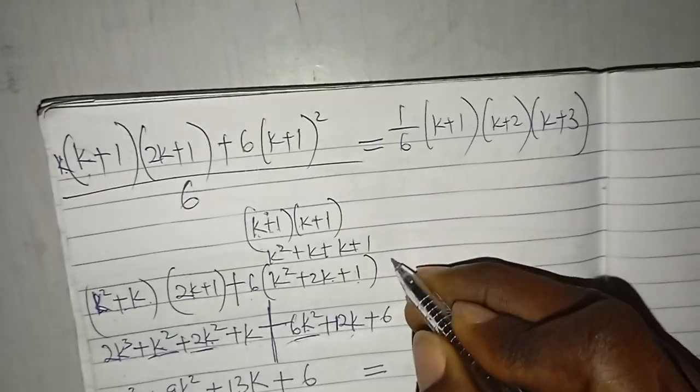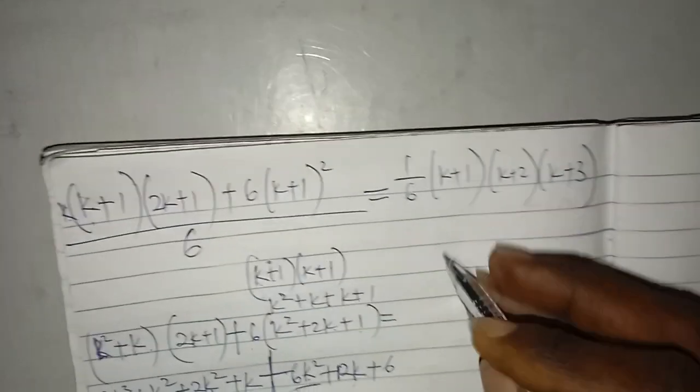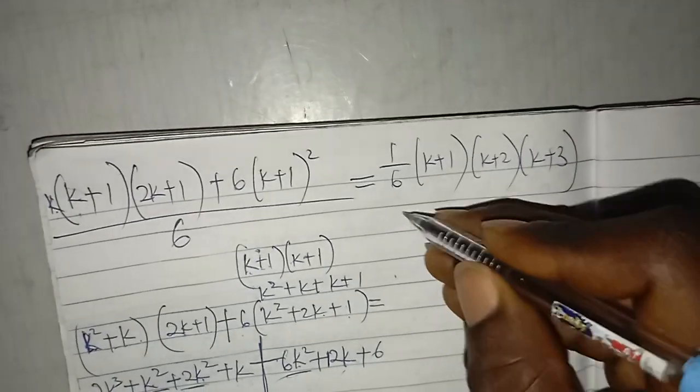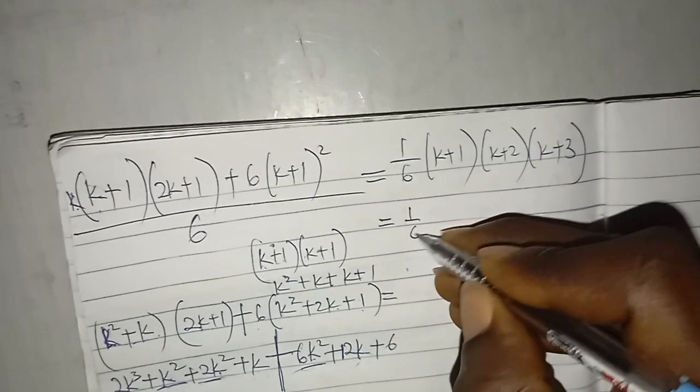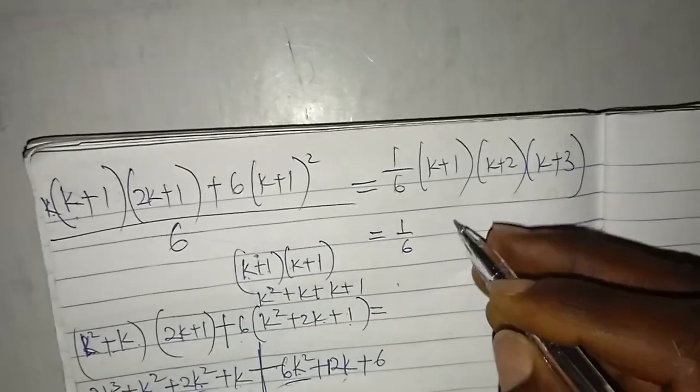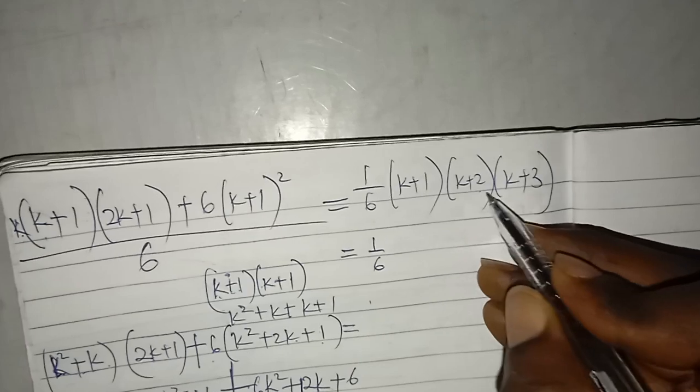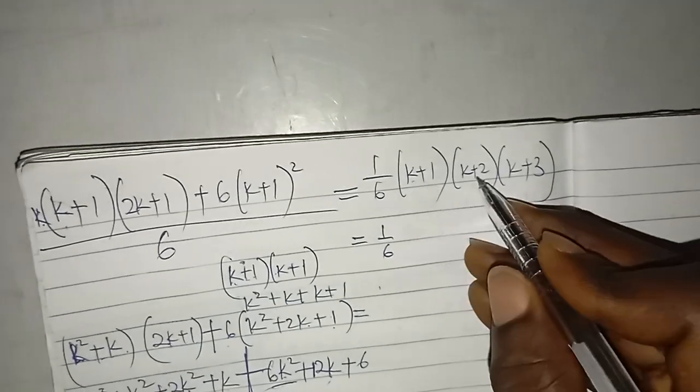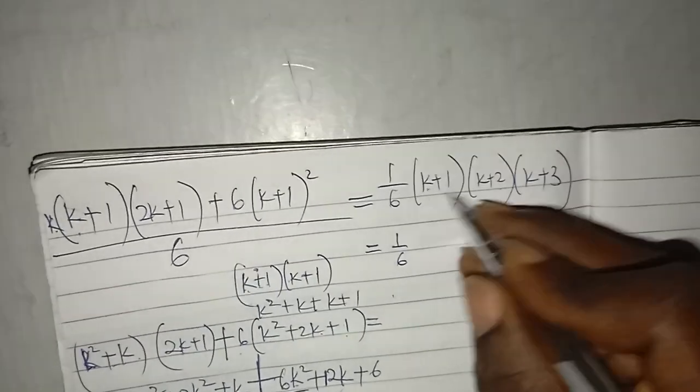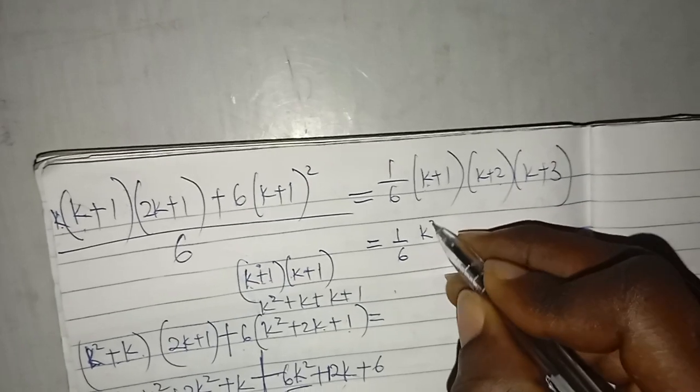Let's check our right hand side to see if it's true. So our right hand side, we have 1 over 6 into k plus 1, into k plus 2, into k plus 3. Let's multiply. This k plus 1: k times k is k square.